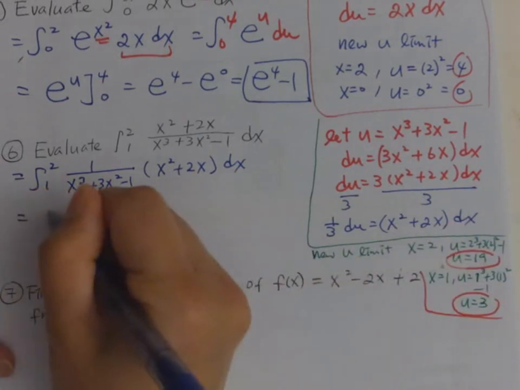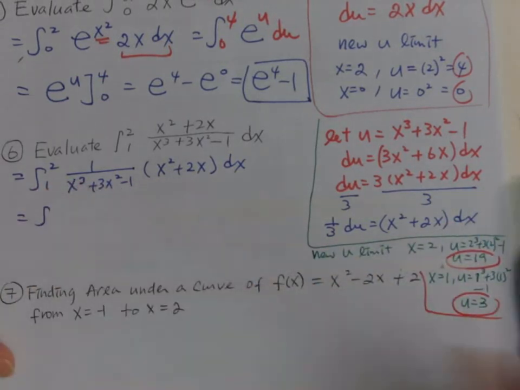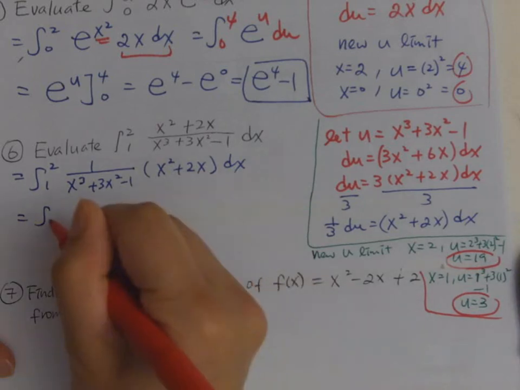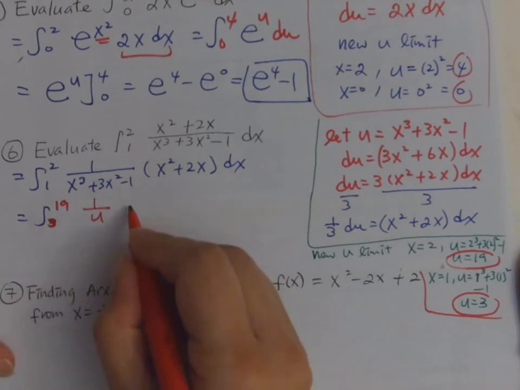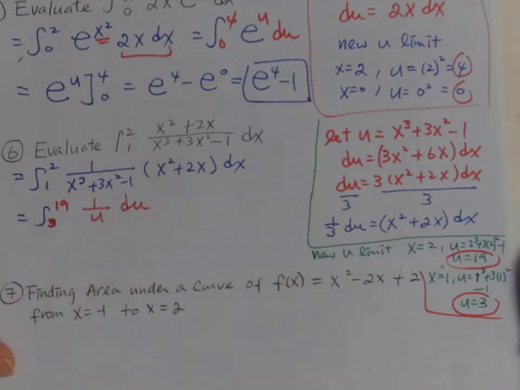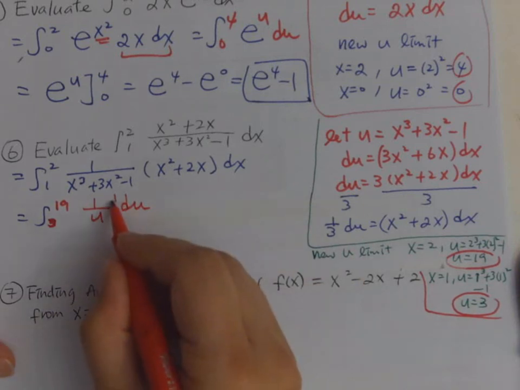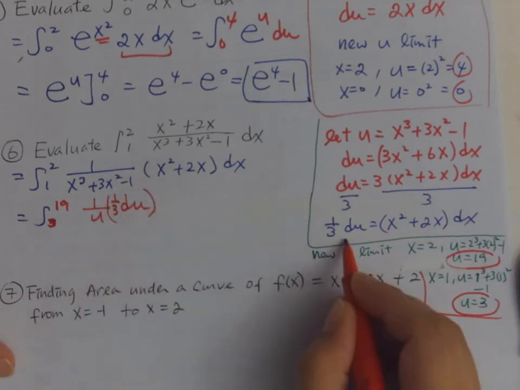And then I put in my new limits, which is 3 to 19. And then this is 1 over u, this is du, okay? It's a lot cleaner now. I'm sorry, this is not du, this is 1/3 du here.